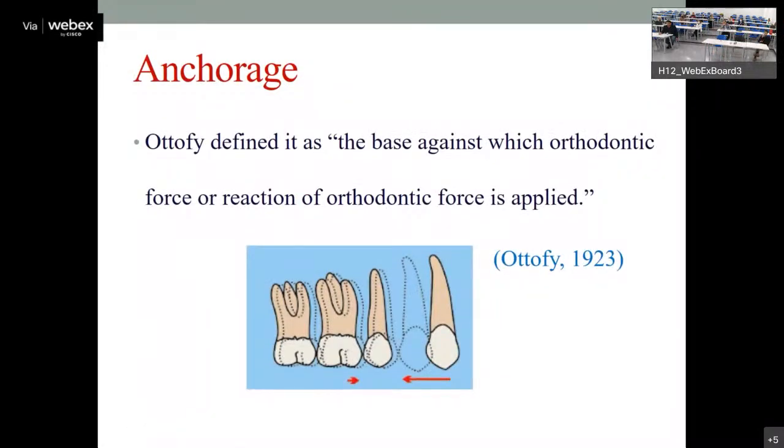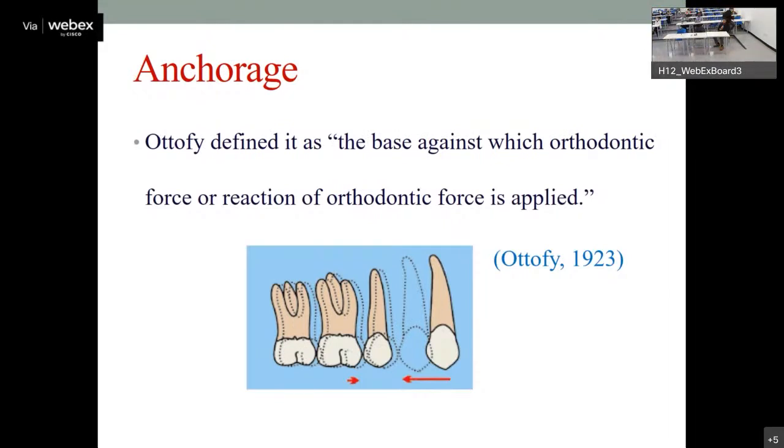Okay, so Ortify defined the anchorage as the base against which orthodontic force, or the reaction of the orthodontic force, is applied. In this diagram, as you can see, if we extracted the upper first premolar, our wanted orthodontic tooth movement is to move the canine and the anterior teeth distally into the extraction space.